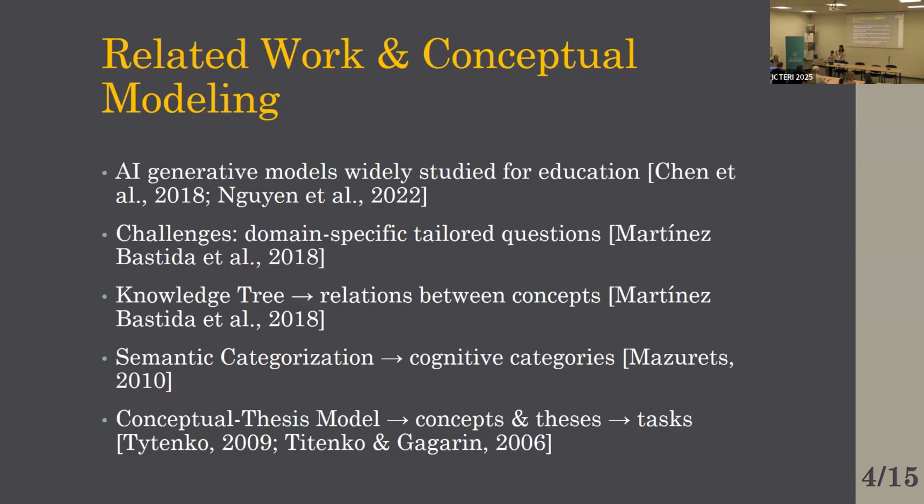The main methodical approach at the base of such methods is knowledge tree models, which organize concepts hierarchically and then combine them into components of knowledge, components of skills, and so on, like we always do in our previous systems and research. There is another approach, semantic categorization, which structures educational content into categories such as concepts, tasks, and methods.